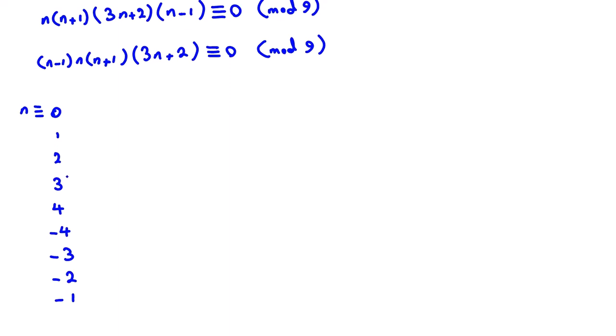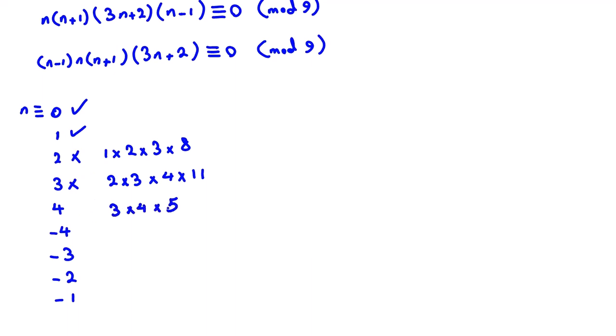Okay, 1, 2, 3, 4, 5, 6, 7, 8, 9. And we will check. For 0, it will be good. For 1, it will be good again. For 2, let's see: 1 times 3 times 8, it is not a multiple of 9. For 3, it will be 2 times 4 times 11. It is not a multiple of 9. For 4, it will be 3 times 5 times 14.